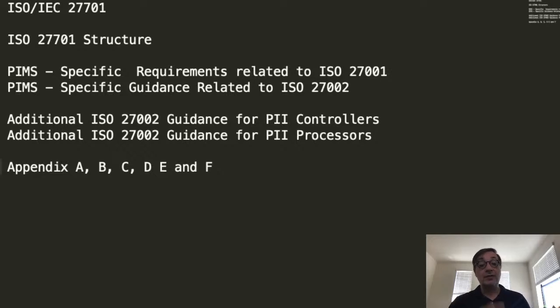Okay. Then you have Appendix C. This one is informative. So the other two are normative. They are required, if you are a processor or if you are a controller, depending on your role. But Appendix C is more informative. It is not normative like the previous ones.